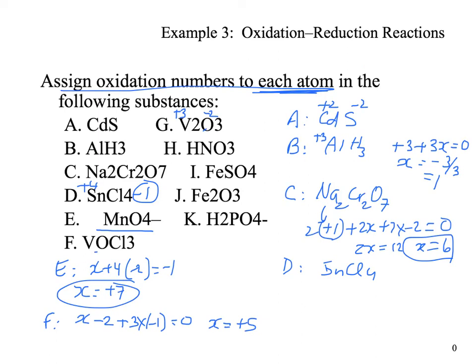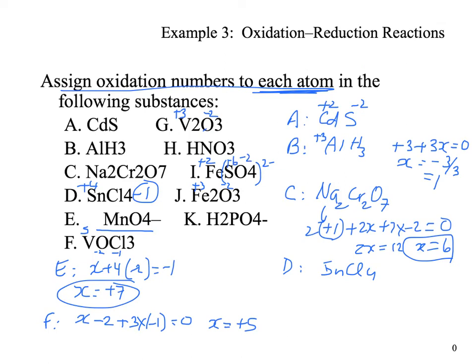So this is -2, this is -1, and that's 5. Fe2O3, this is +3, oxygen is -2. Sulfate together is 2 negative, that means iron is +2, and we calculated sulfur in sulfate earlier to be +6, oxygen is -2.